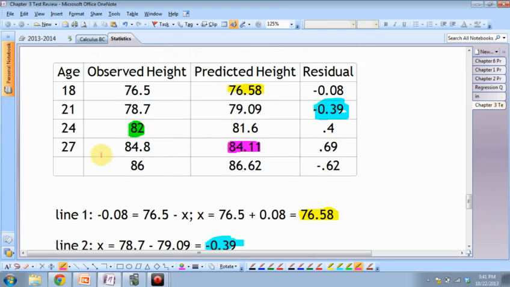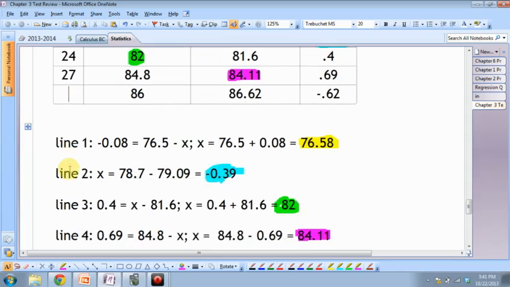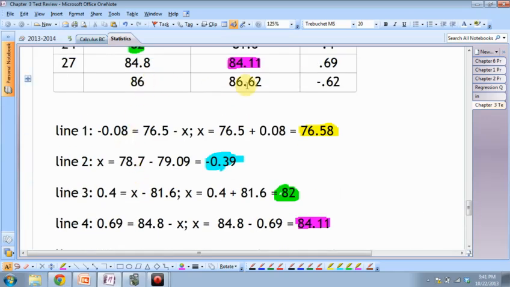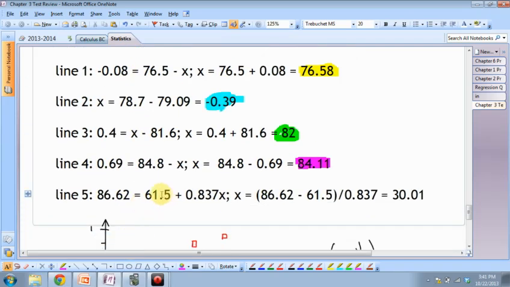The last entry is the age right here. You can see the pattern: 18, 21, 24, 27. I just want to make sure that the next one is still going to follow that pattern, 30. Most likely it will. So we're going to see the predicted value, 86.62, is equal to the linear regression at some point x.